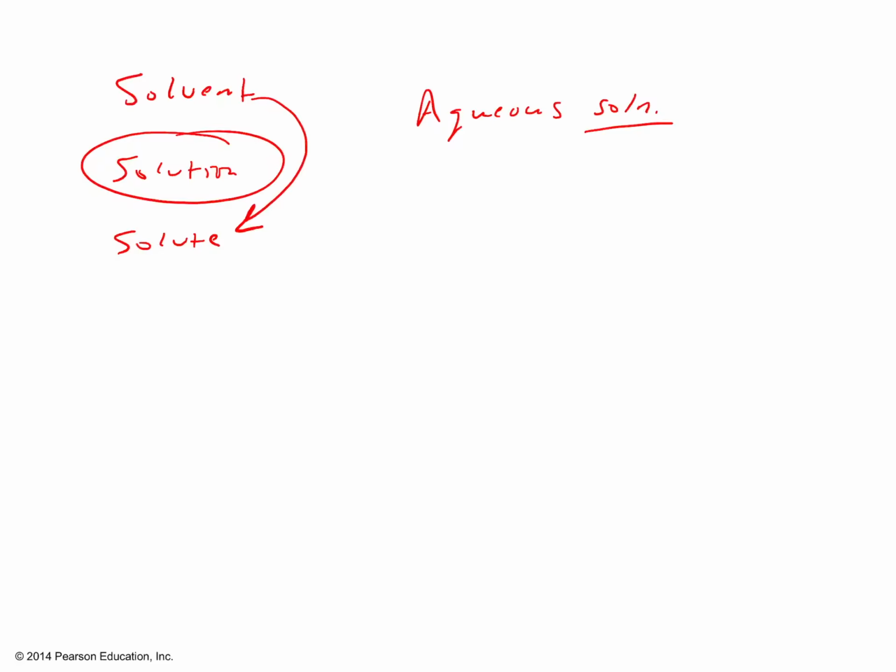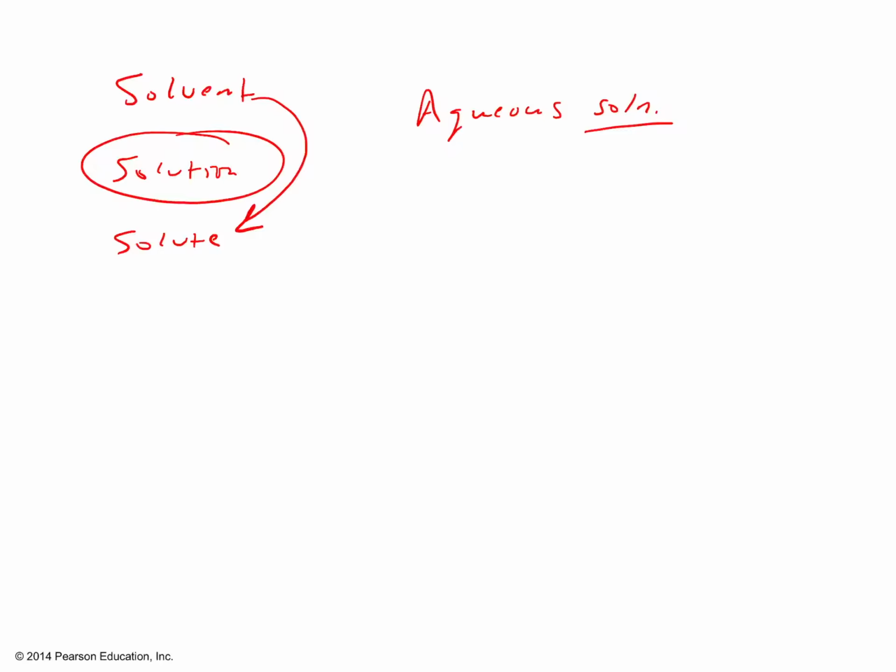Okay, the water allows them to float around, bump into each other, and when they bump into each other, we can get chemical reactions that produce the processes of life. So water then is the biological medium because it provides the medium in which those compounds can interact with one another. This is one of the reasons why it's so important for life, okay?